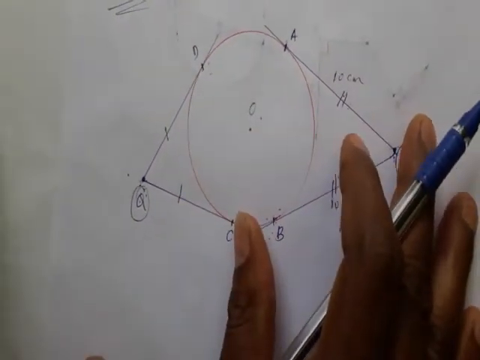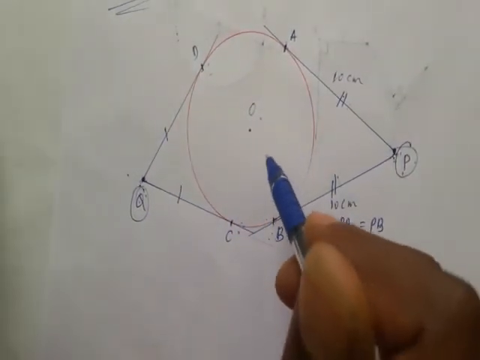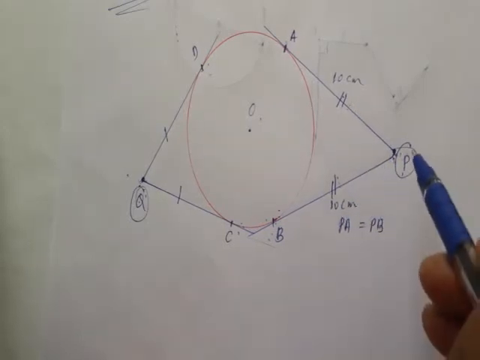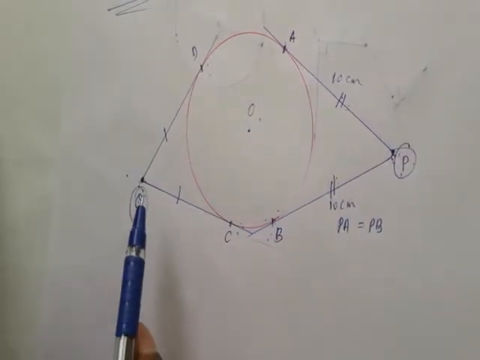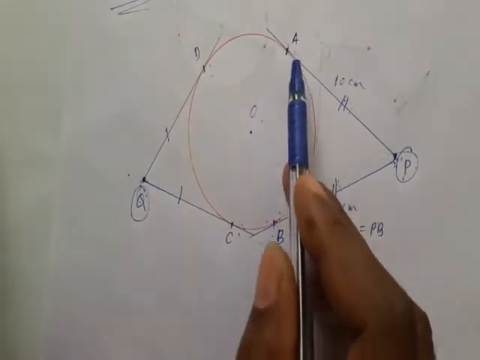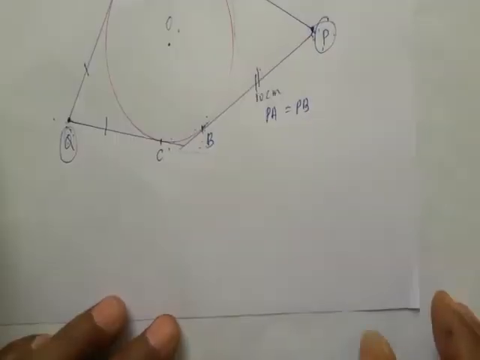So, how to apply this theorem? Before applying this theorem, make sure from which point the two tangents are drawn. If from point Q two tangents are drawn, these two are equal to each other. From P, two tangents drawn, those two are separately equal.